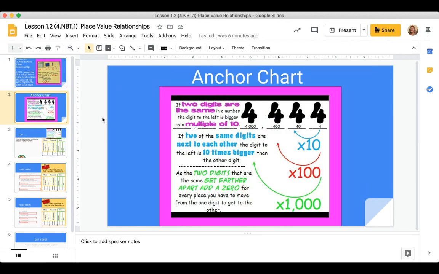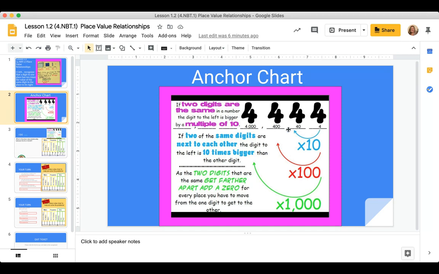When we look at today's lesson, our main concept will be focusing on the fact that if two digits are the same in a number, the digit to the left is bigger by a multiple of 10. So if we look here, we have the number 4, 40, 400, and 4,000.